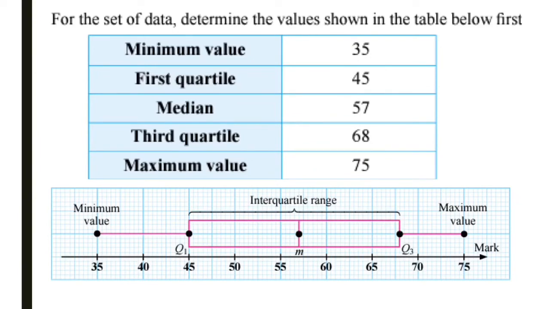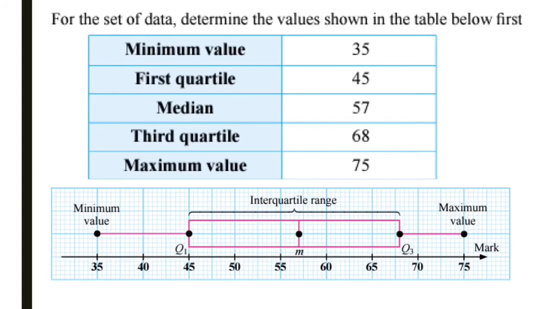Okay, for the set of data, we need to determine the values as shown in the table below first. So minimum value is 35, followed by first quartile 45, next median 57, and third quartile 68.